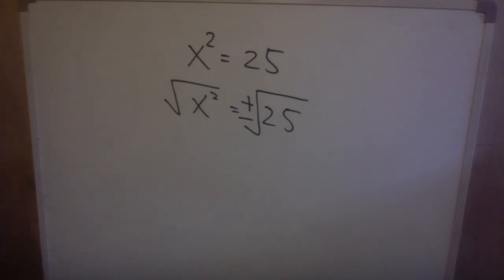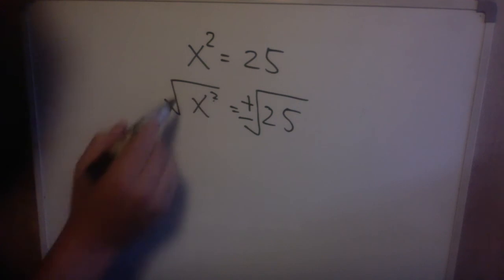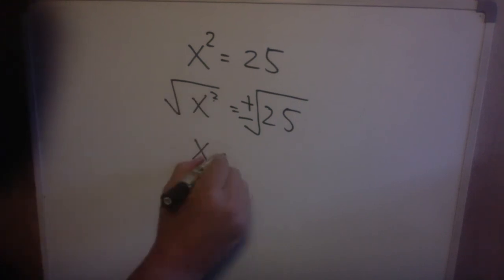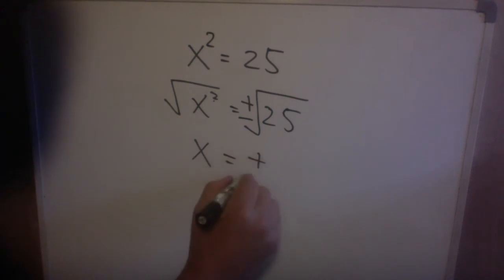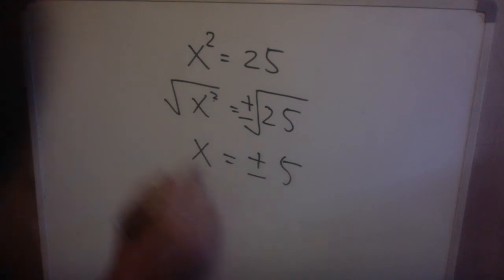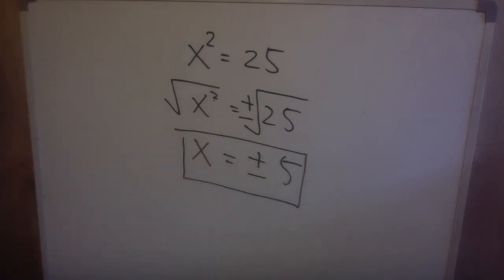The x squared and the square root cancel out each other, so you just get x equals positive and negative square root of 25, which is just 5. So that would be the answer: x equals positive and negative 5.